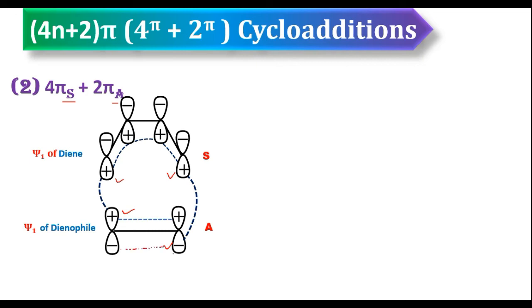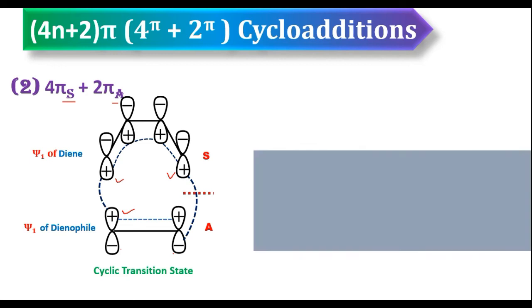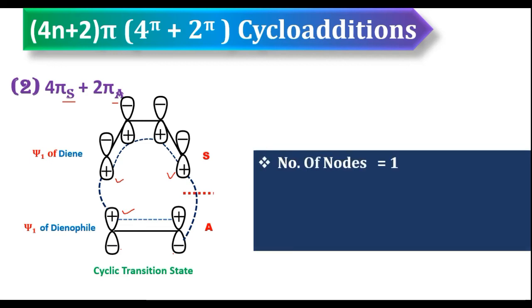So now you see friends, the transition state has been obtained. Again you can observe plus, plus, plus, plus, plus, but here plus is connected to minus, therefore the number of nodes is 1. Here a node is present, so the number of nodes is 1, an odd number of nodes, therefore the transition state is called a Mobius transition state.